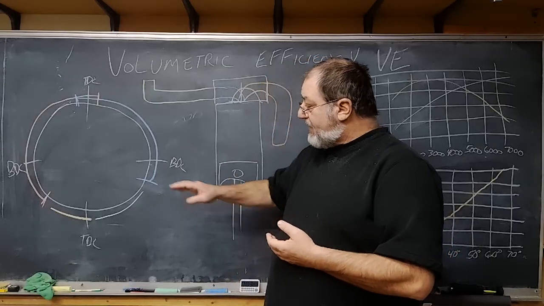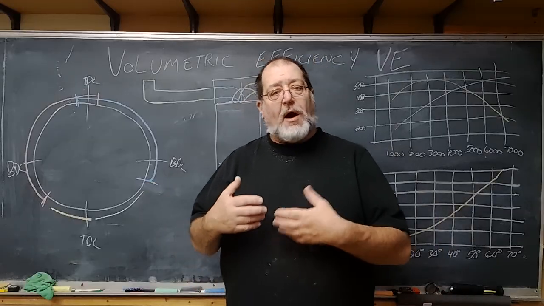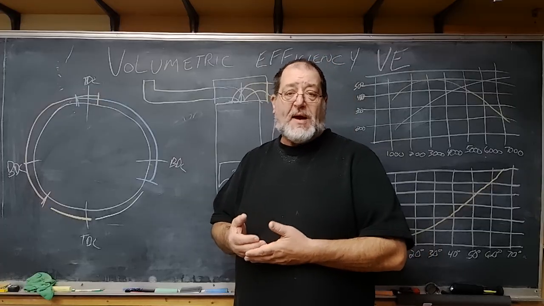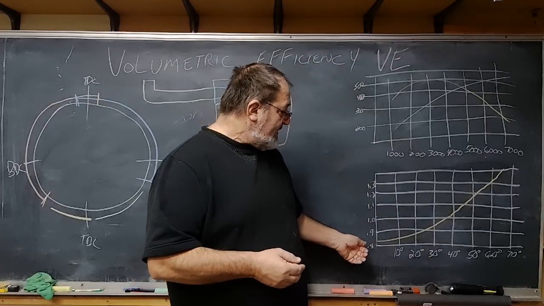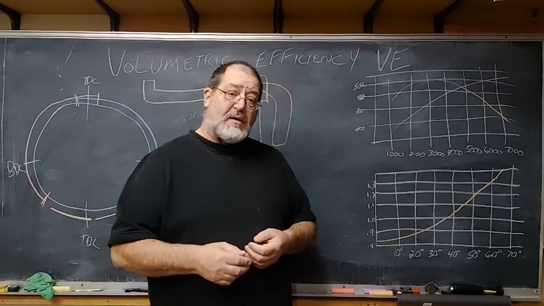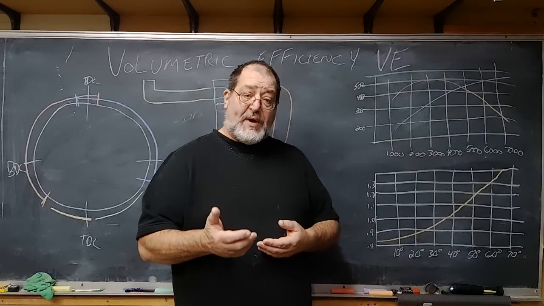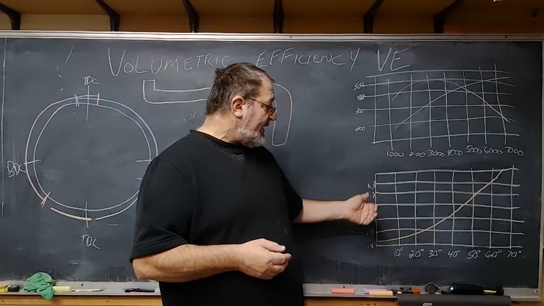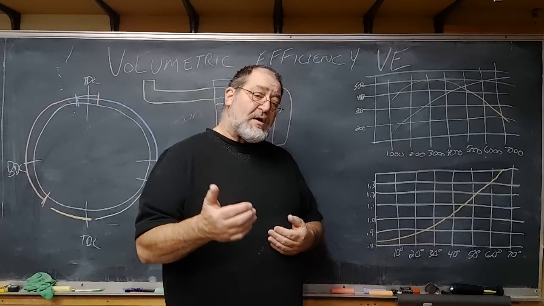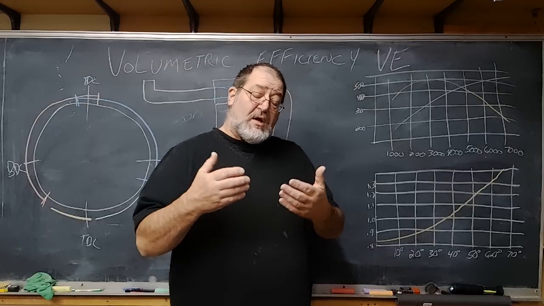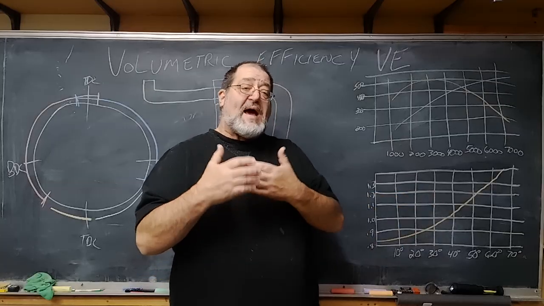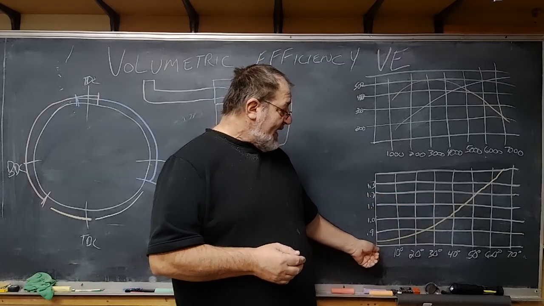Now, I have already said that inertia ram is part of this deal, and the closing point will affect volumetric efficiency. The inertia ram chart starts at basically 80% volumetric efficiency of an OE motor and goes up to 130. It's not about just making power above 100% volumetric efficiency, which some people seem to think is all inertia ram is about. It's about how it runs, even down here at 80.